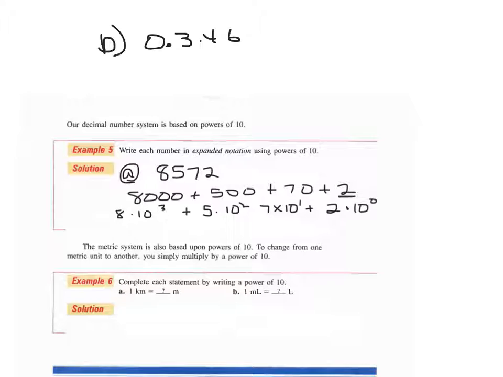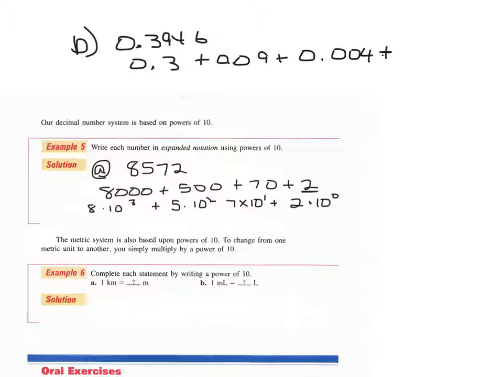So if I first expand this, this is going to be 3/10 plus 9/100 plus 4/1,000 plus 6/10,000. Now for powers of 10, remember when you have a decimal, we're going to have negative exponents.